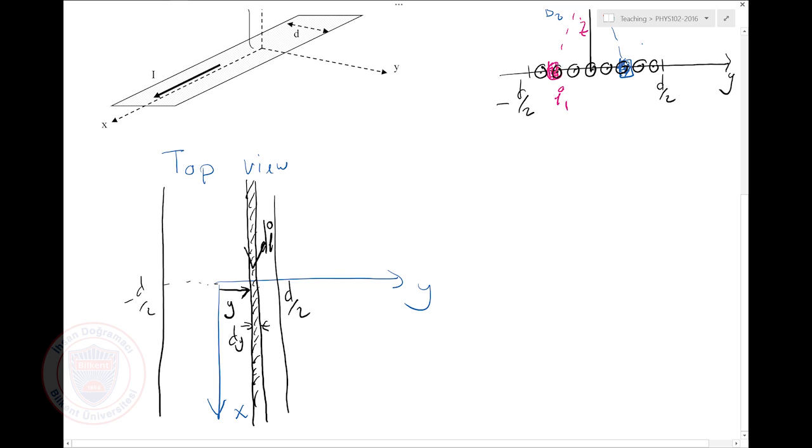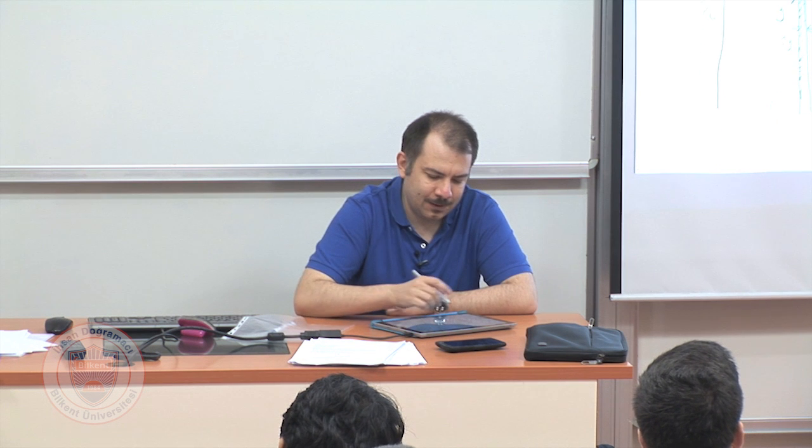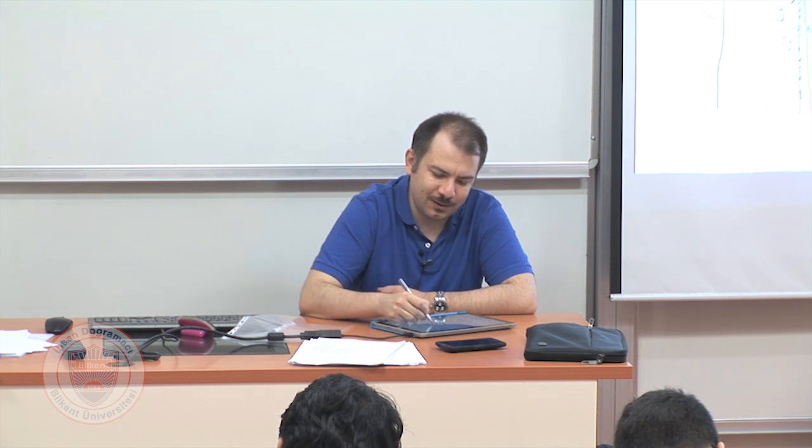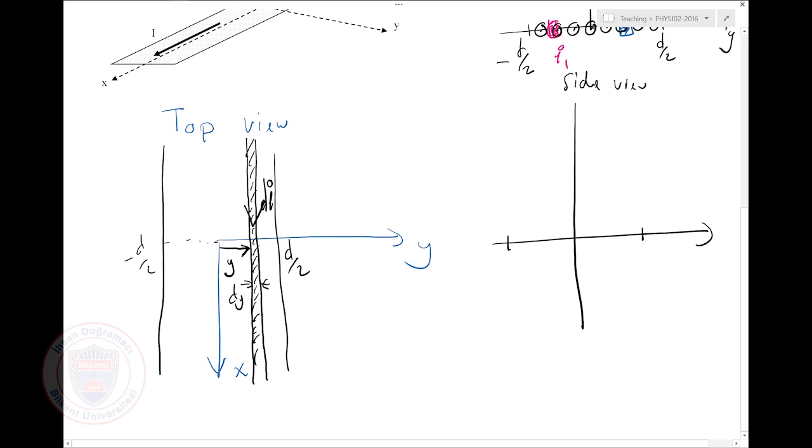Now, let me redraw the side view also. So here is my system from minus d over 2 to d over 2, and here is my y, and here is my current di coming towards me, right? If this is the y-axis and this is the z-axis.